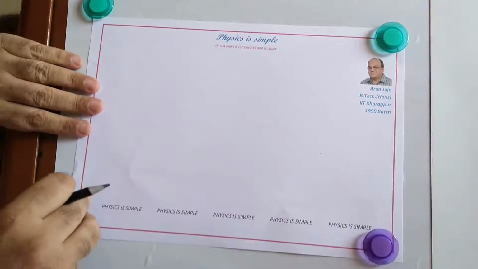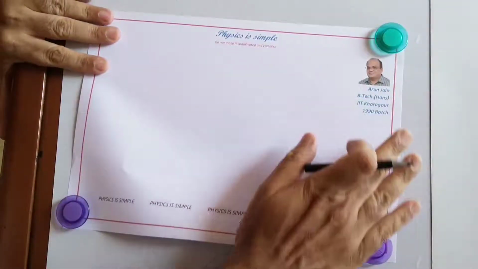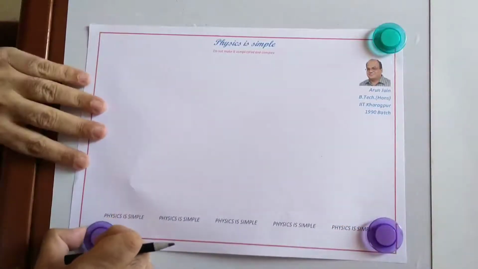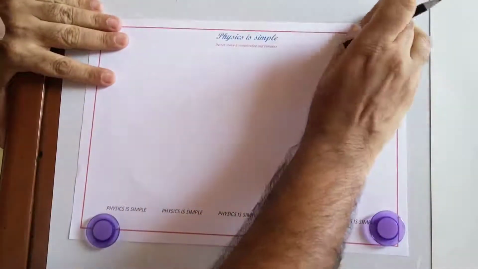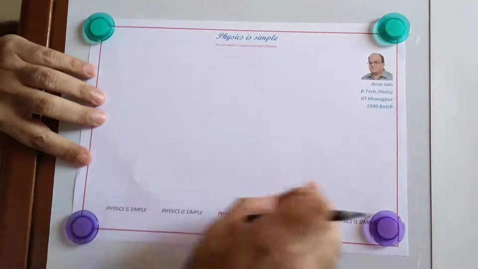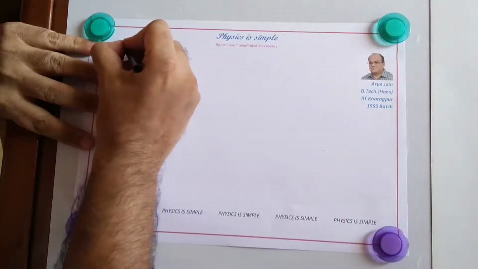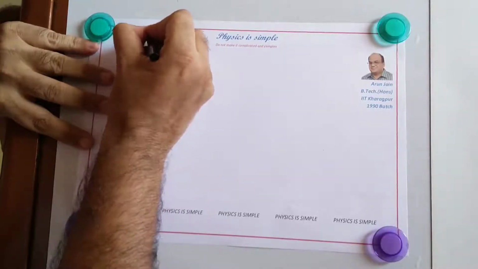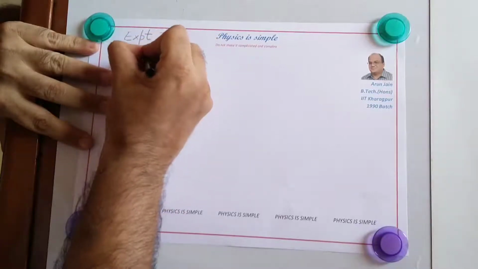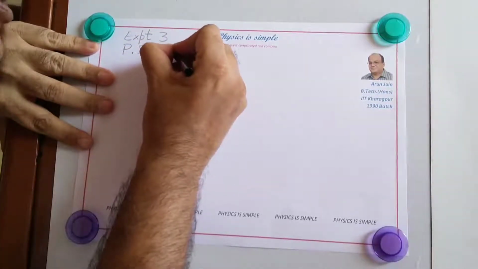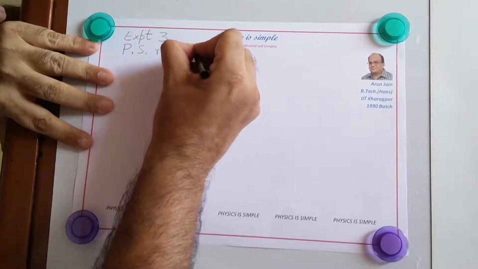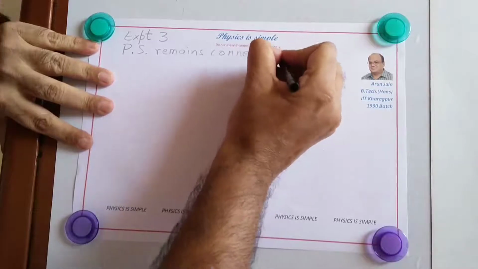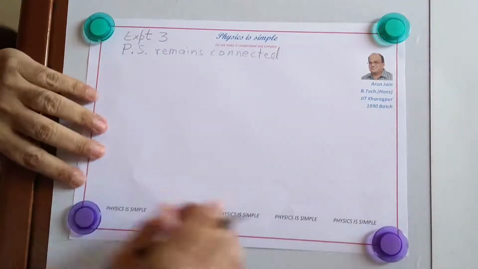Now in experiment 3, we are going to keep the power supply connected. And when the power supply remains connected, the potential difference V will remain constant, because the job of a power supply is to maintain a constant potential difference across its terminals. So this power supply remains connected.